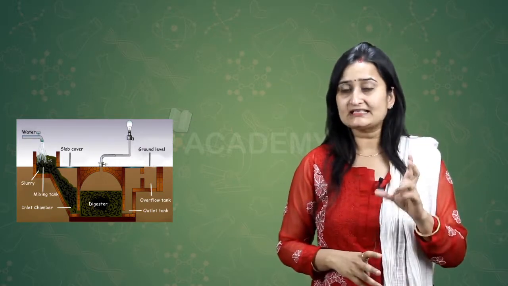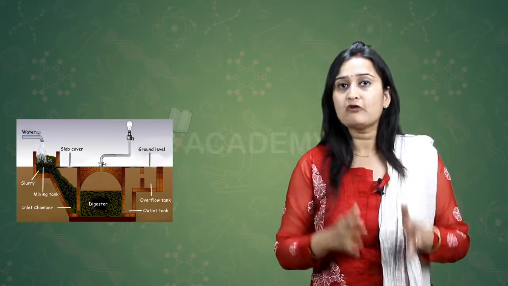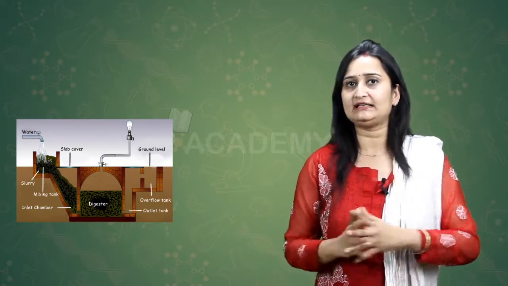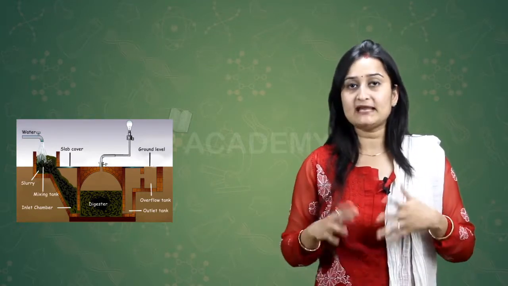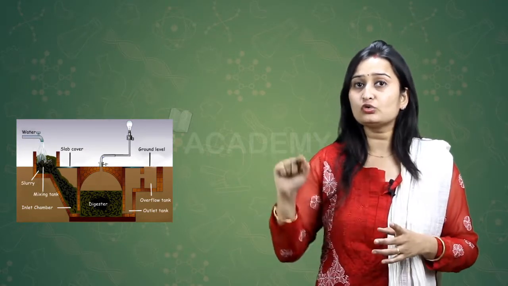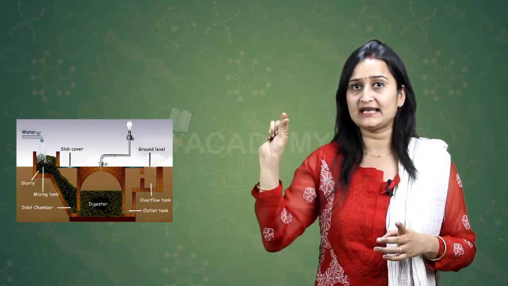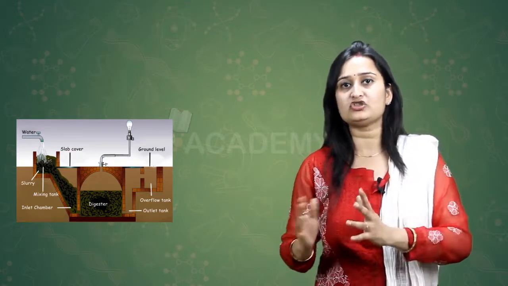Now, the space should be left inside the dome-shaped structure for the biogas to collect in. What happens is that when the process takes place, then biogas is formed, and this biogas passes through the outlet that is connected to the dome shape. The outlet is your gas outlet chamber.